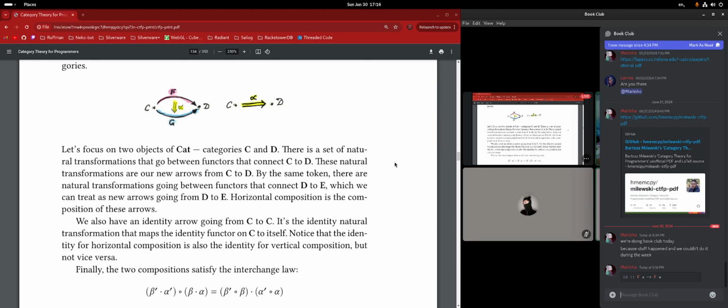So I wrote the F of type A here to F of A. Right. Yes, but that's for both of them, right? Both for horizontal and vertical.